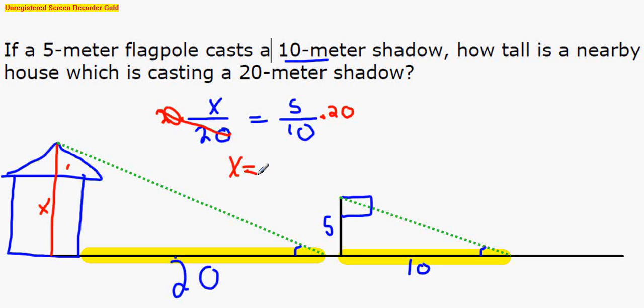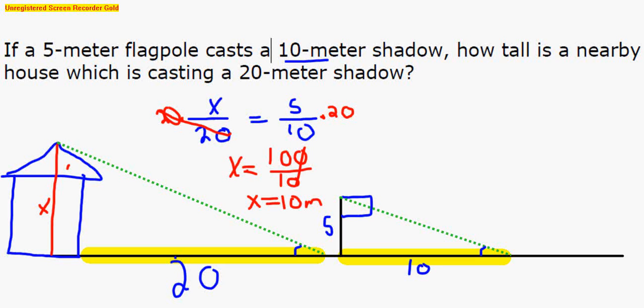On the right side, I have 20 times 5, which is 100, correct? So this is 100 over 10, which we can reduce. We can cross those zeros out, and we're left with 10 over 1, or x equals 10. So what that tells me is the height of this house is 10 meters. That's one type of question you're going to see in your assessment.